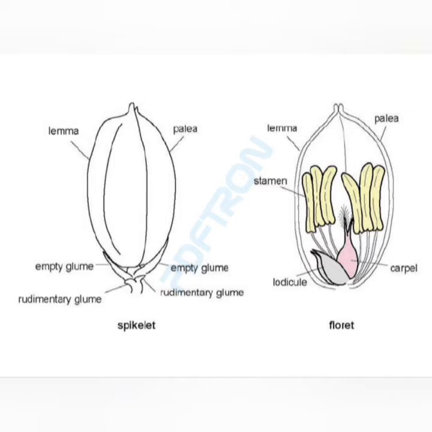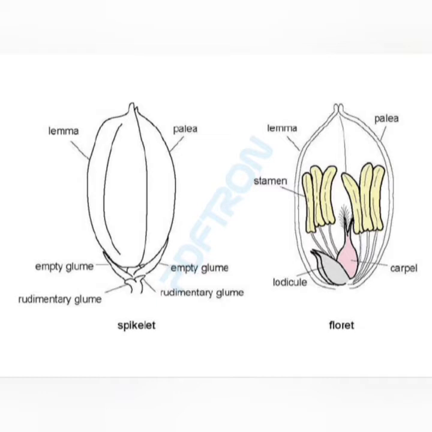Why? Because the lemmas are empty, the empty glumes or empty lemmas, as you can see in figure 1. There is nothing inside these lemmas. Lemmas are parts of a spikelet which enclose the floret inside, so they are referred to as lemma.